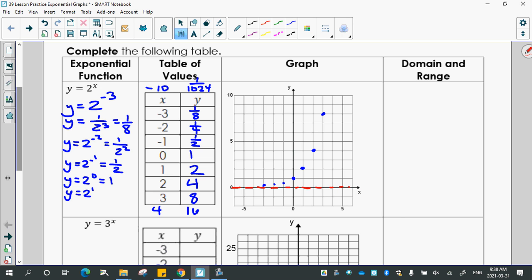Remember, an asymptote is a line that a curve can get infinitely close to, but never touch or cross. So our horizontal asymptote for a parent function is always going to be y equals 0, the x-axis. Then you want to draw this in with a smooth curve, arrows on the ends, best you can.